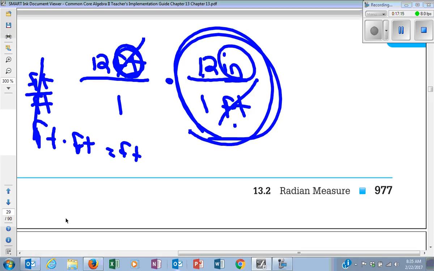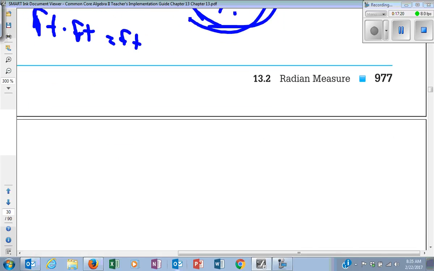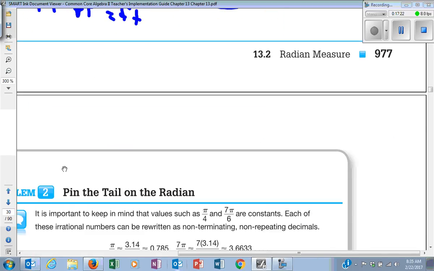Now, here's where this really helps. Do you remember those fun conversions where they want you to take 50 miles per hour and change it to feet per second? Do you remember that?